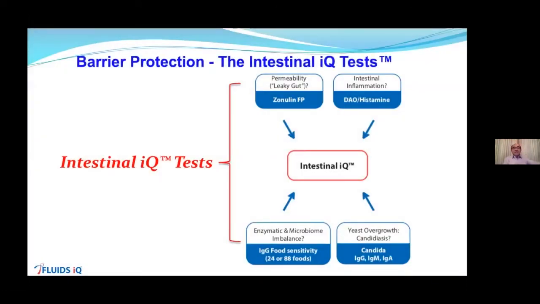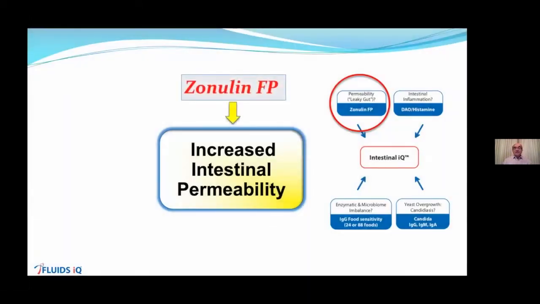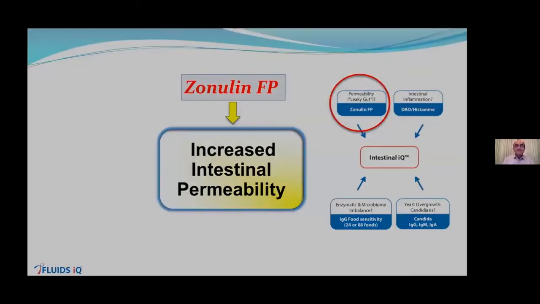So let's take a look at the intestinal IQ tests, as we call them. And these are made up of 4 tests. We're going to first look at the Zonulin test, which is the test that we look at to judge intestinal permeability.